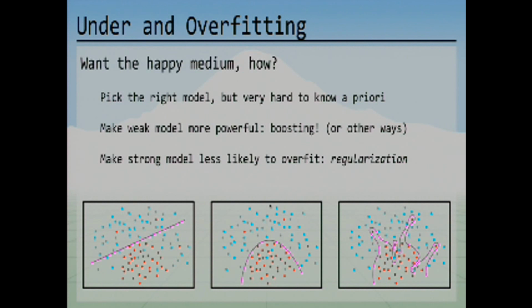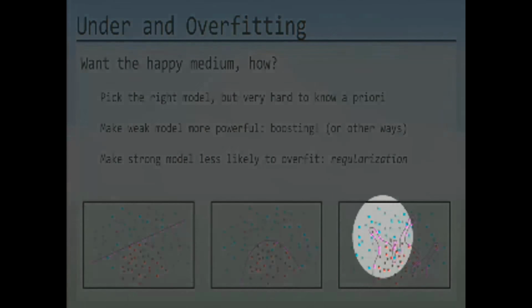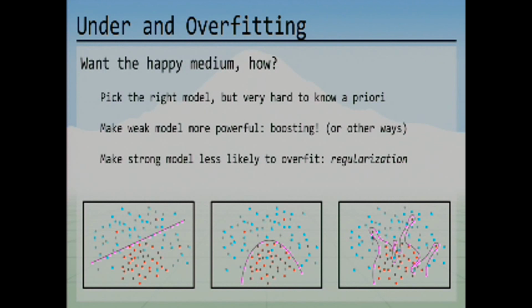And if you kept adding on more and more models to it, you may eventually end up with some more powerful model that starts overfitting the data. Hopefully, given your training and validation data sets, you can pick the right number of models to use in your boosting, or you may come up with some other ways of avoiding going too far with your boosting. So that's a way to take a weak model and make it more powerful.